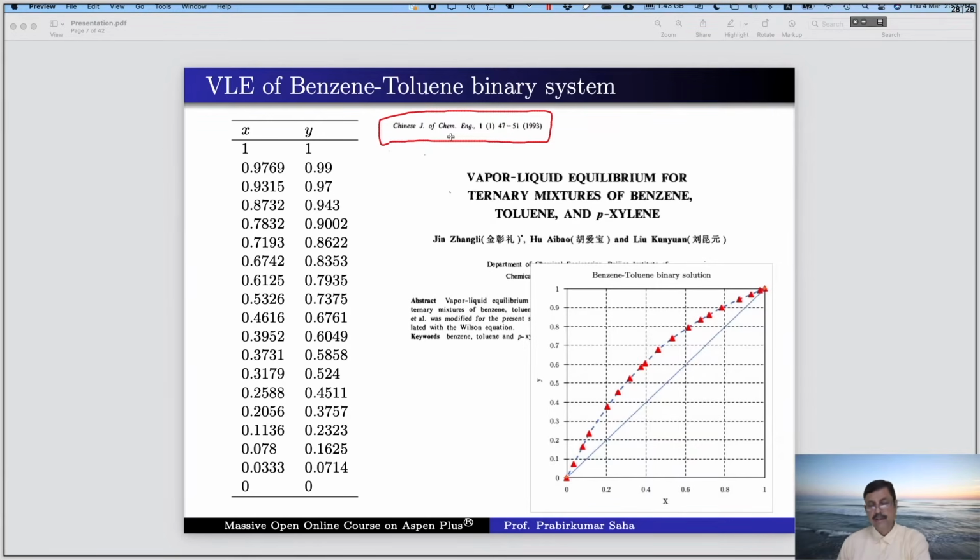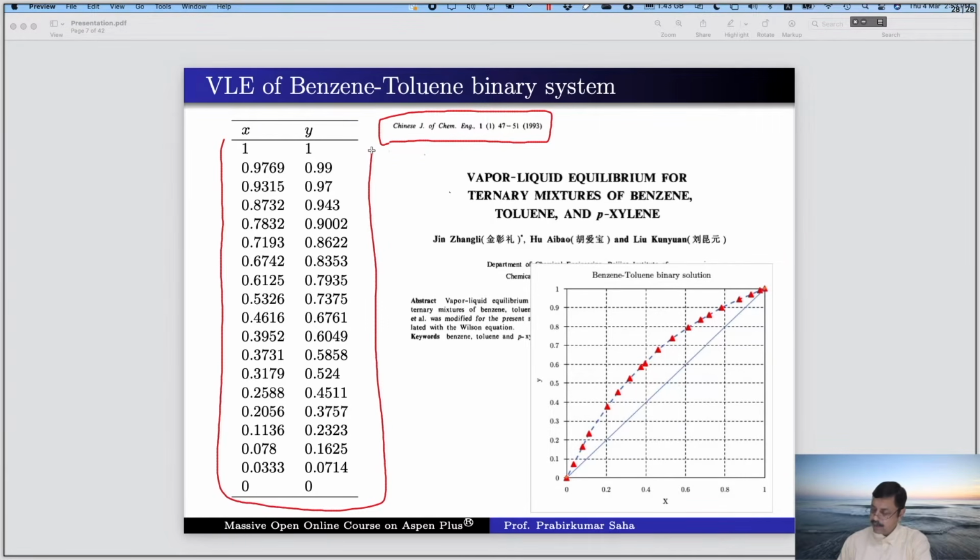They demonstrated some experimental study, and the result that I have tabulated over here is obtained from this particular journal paper. And I have plotted this over here. So you can see you will have some kind of plot.